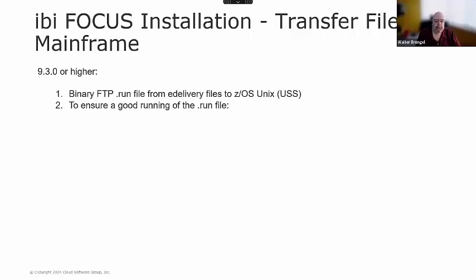To make sure that when you run the .run file it doesn't have any issues, confirm that your path on your USS side contains or starts with dot, meaning your current directory, :/bin, :/user bin, and then :/bin.